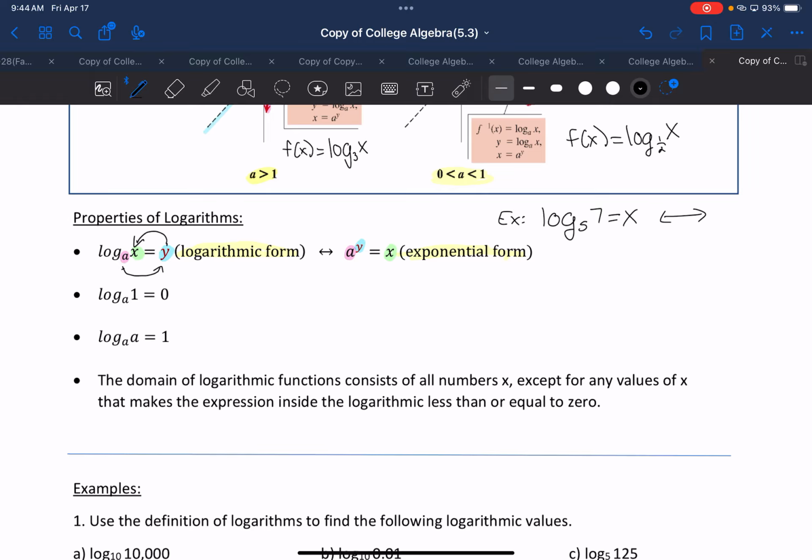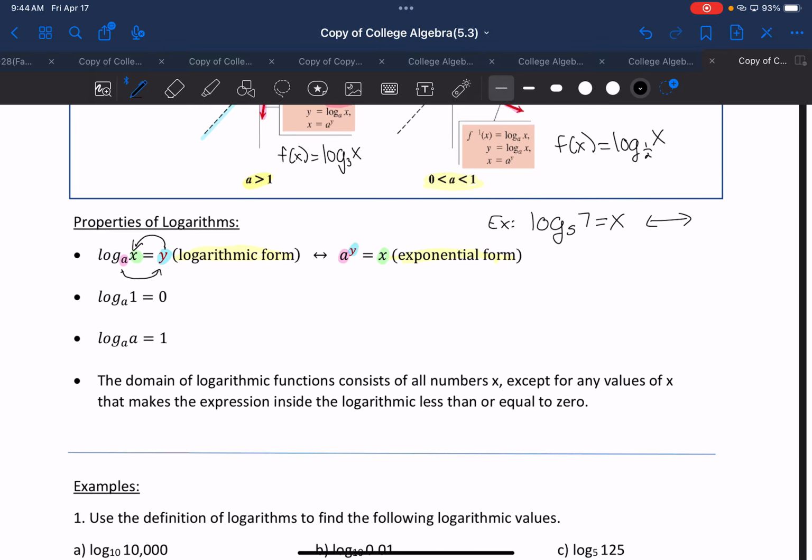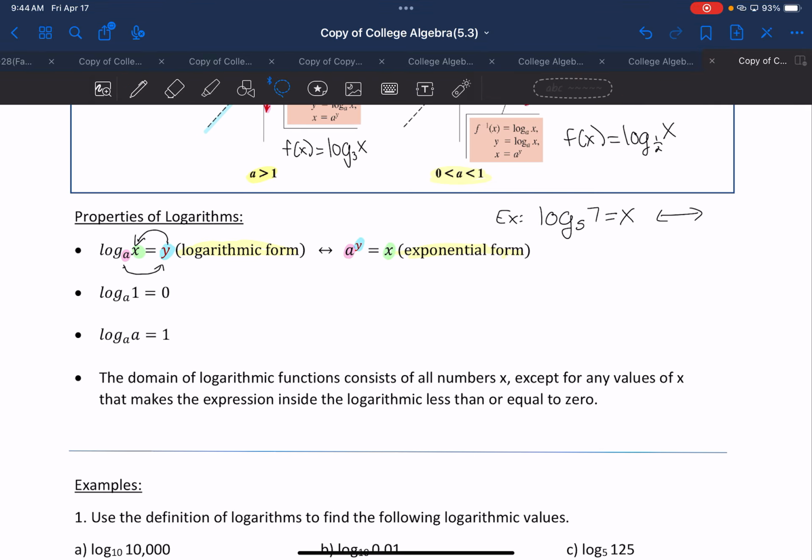If I wanted to rewrite it in its exponential form, I start with my base, which is 5. You always start with the base, and that base will become the base of your exponent.